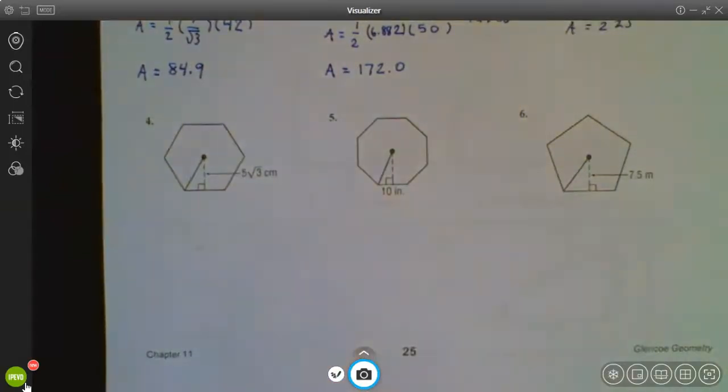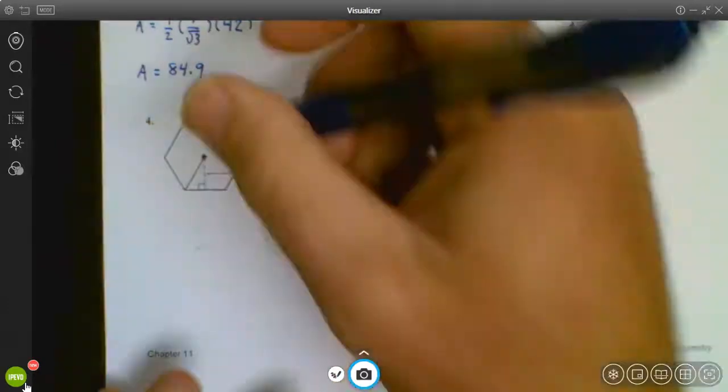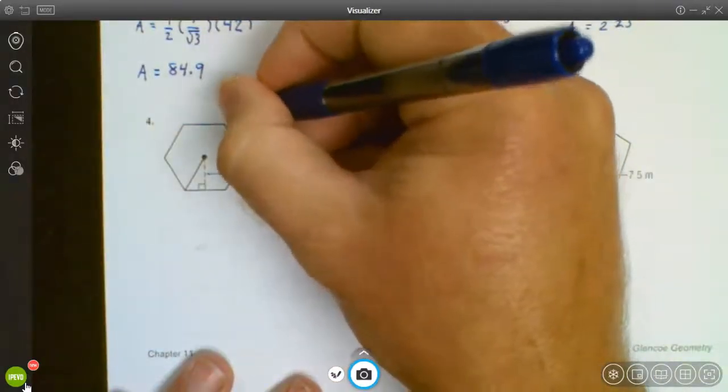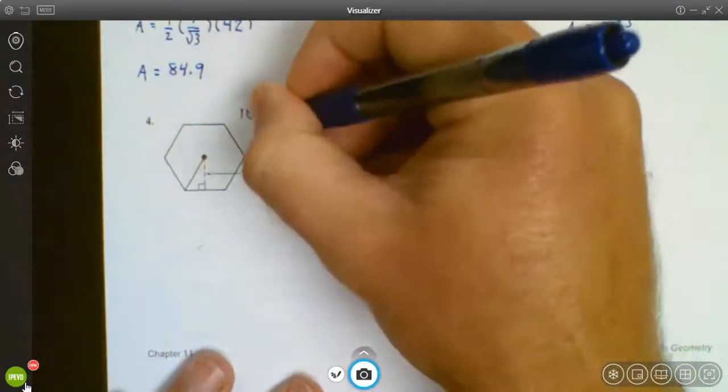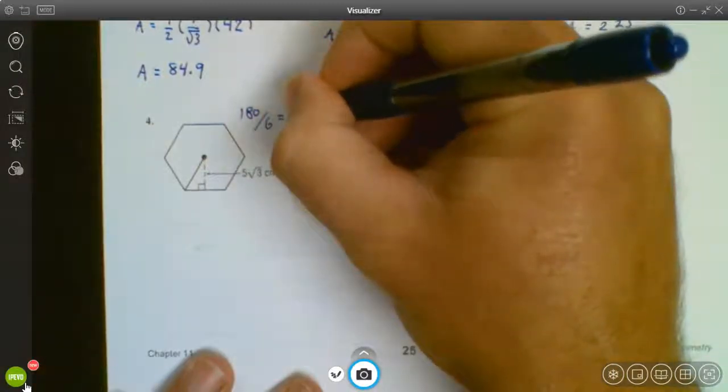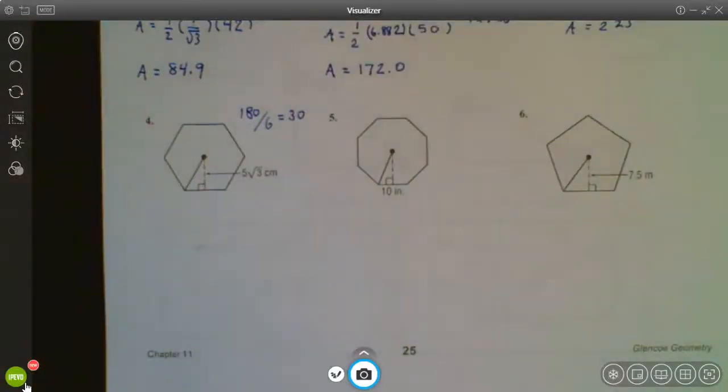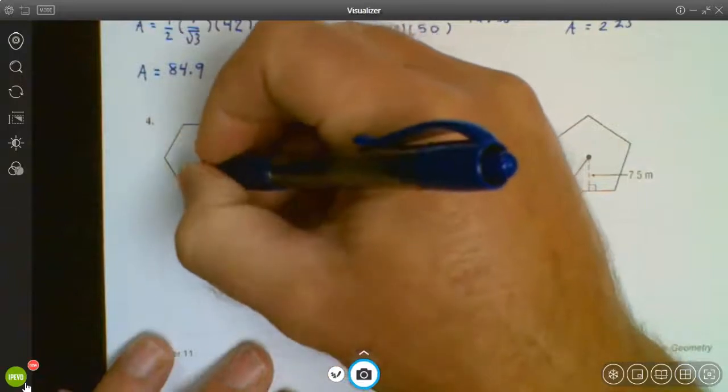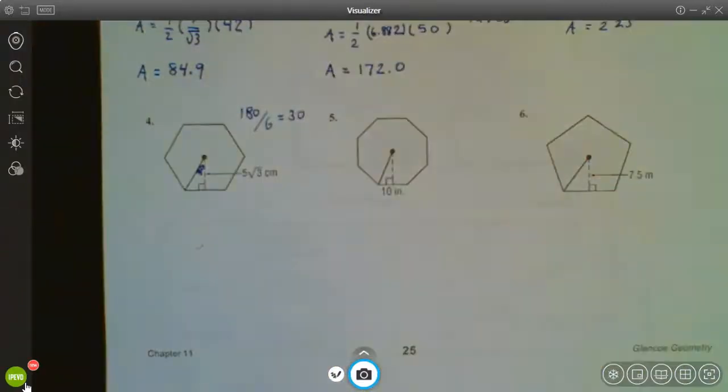So I want to show you 4 because the hexagon, the 6-sided shape, is the other shape that creates a special right triangle. If I do 180 divided by the number of sides, then I get 30 degrees. So we're seeing this as a 30, 60, 90 triangle.